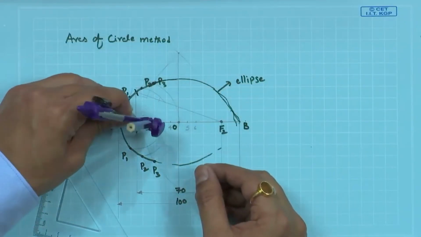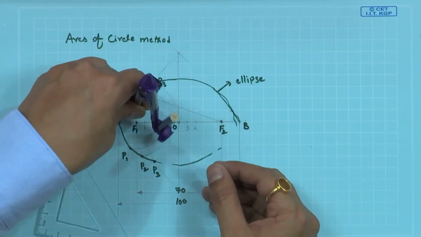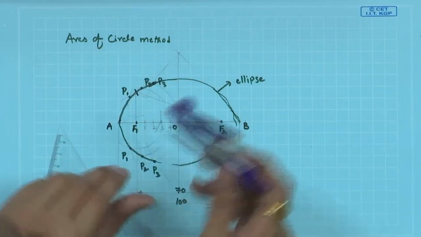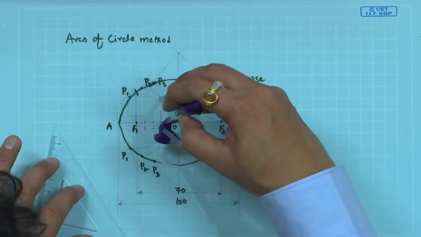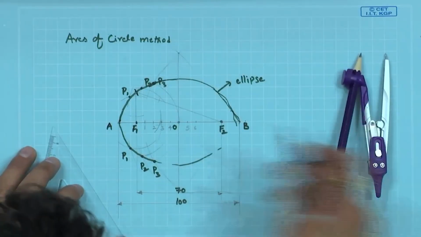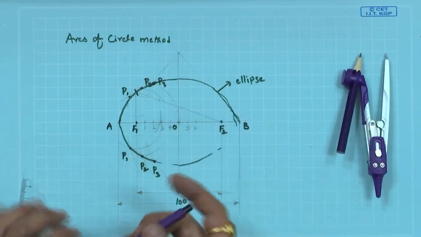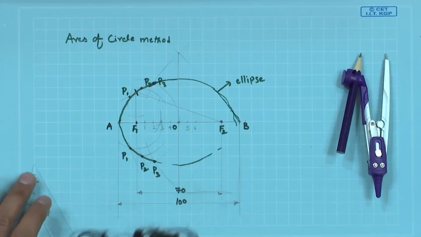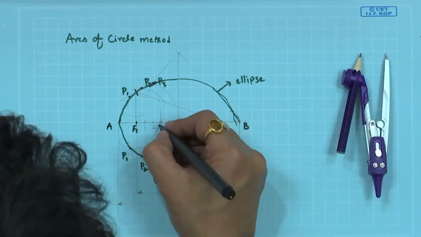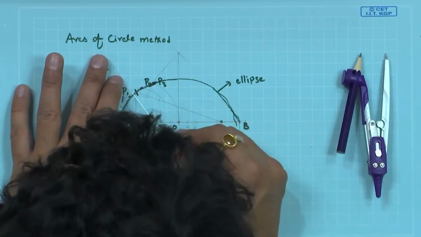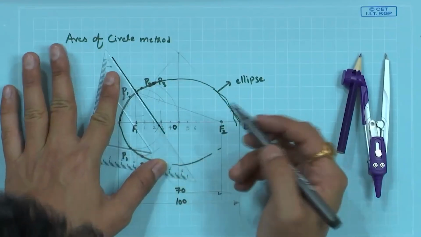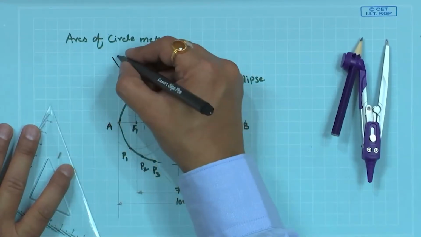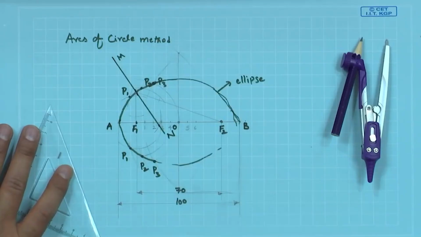Now, use this intersection point with the same radius, intersect this curve, locate this point, and join this point with this one. This will be the normal MN, and the tangent will always be perpendicular to that.